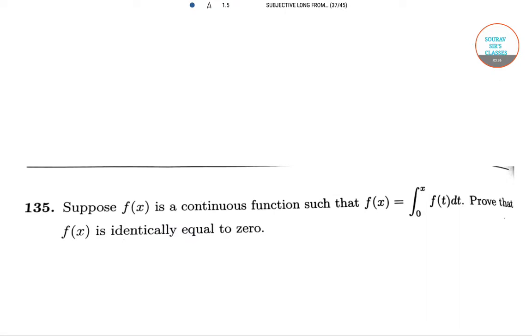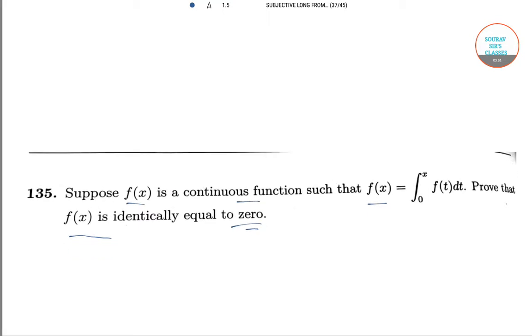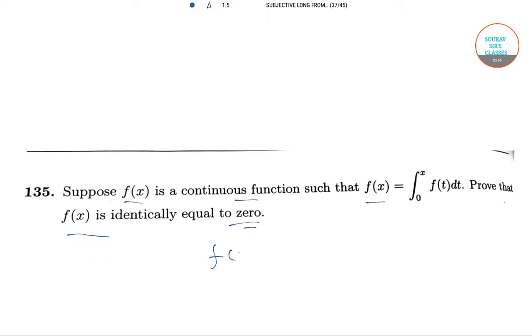In the next question, we have to show that if there is a function f(x) which is continuous such that f(x) is equal to the integration from 0 to x of f(t) dt, then f(x) is identically equal to 0. Now, we have f(x) equal to the integration from 0 to x of f(t) dt.